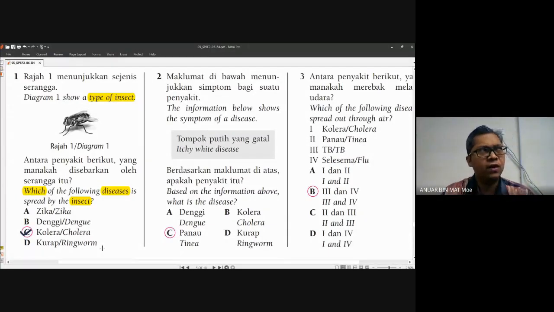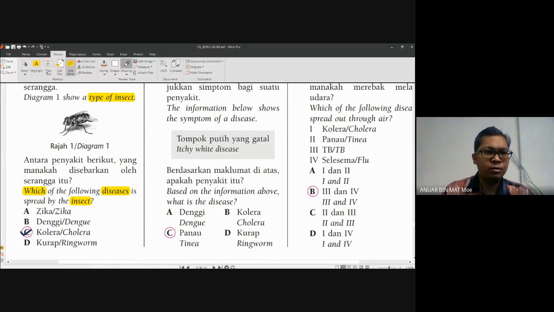Fungi or fungus? Fungus is the singular, and fungi is the plural. Okay, never mind.